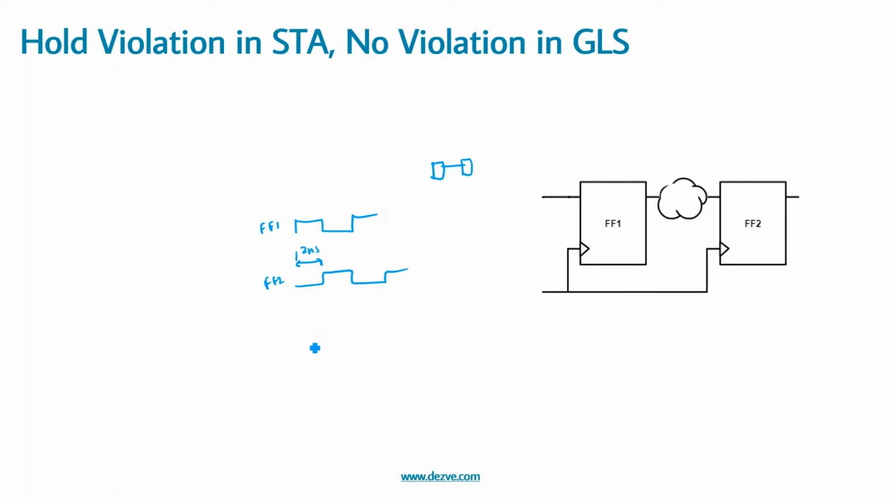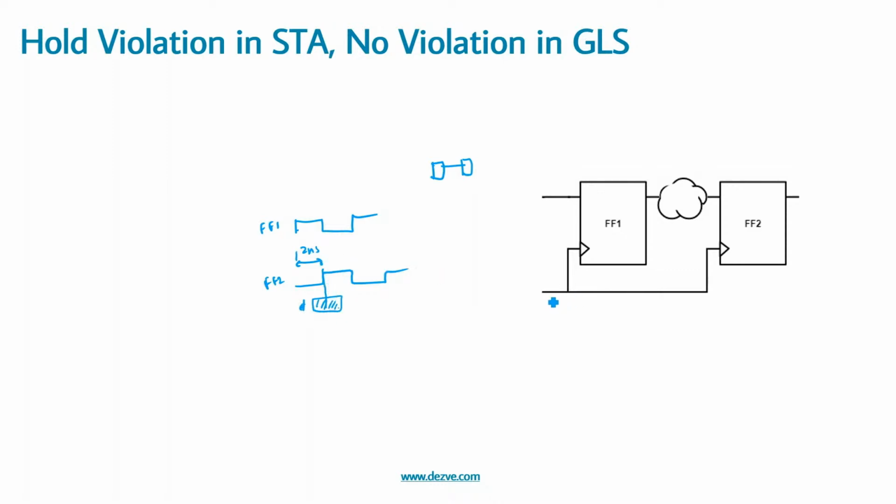So in this case, what we would see is that again the data is reaching this particular edge. So if this change from FF1 will reach within this, like if this was FF2, the setup and hold window was like this, correct?